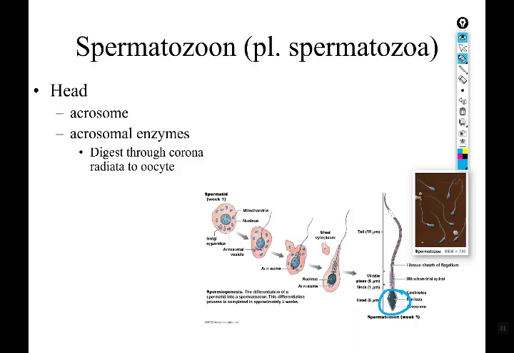So the acrosome is a membrane-enclosed lysosome-like structure that sits on top of the nucleus. So the goal is that when this spermatozoon makes initial contact with an egg, that acrosome bursts, and that helps the sperm burrow through the zona pellucida and gain access to the outer surface of the ovum, which it's supposed to penetrate.